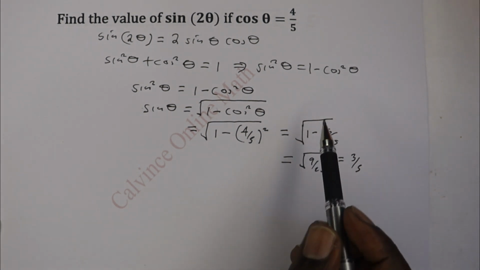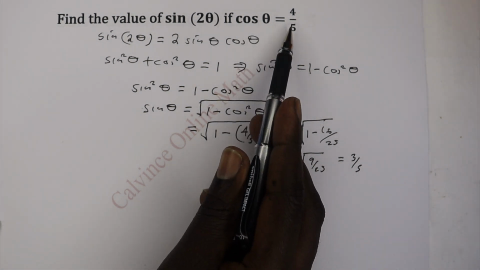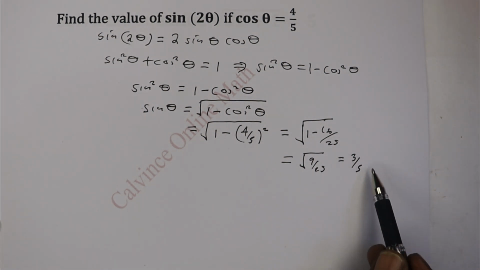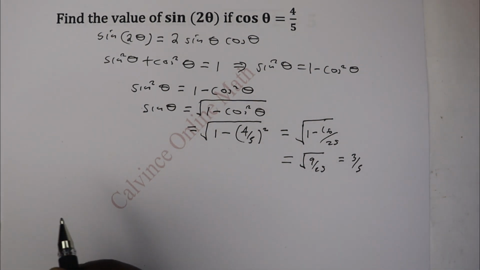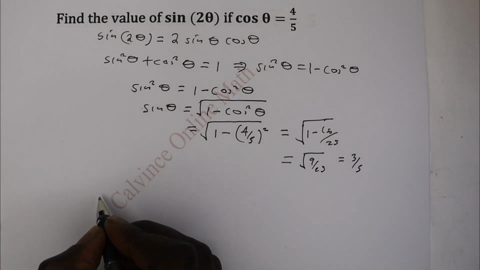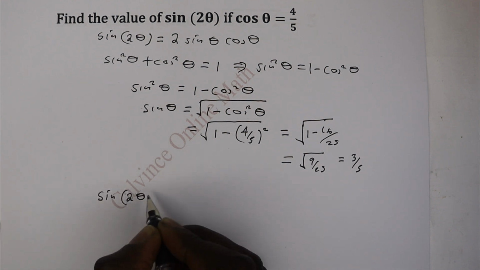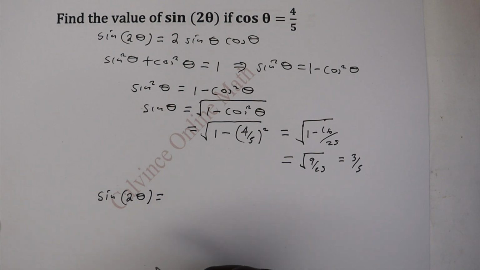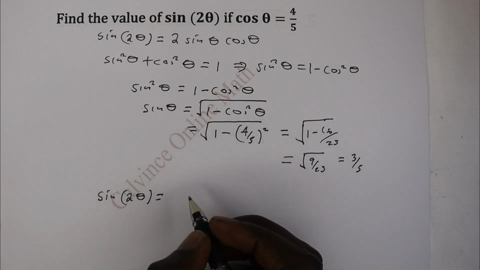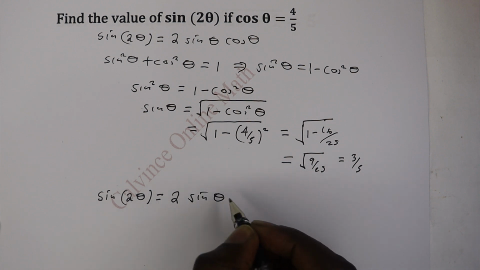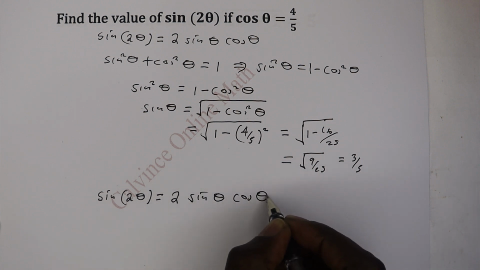So now we have the expression for cos theta and the expression for sine theta. So we can now go back to what we were asked. We were told to get the sine of 2 theta. And according to the double angle identity for sine, this was the same as 2 sine of theta times the cos of theta.